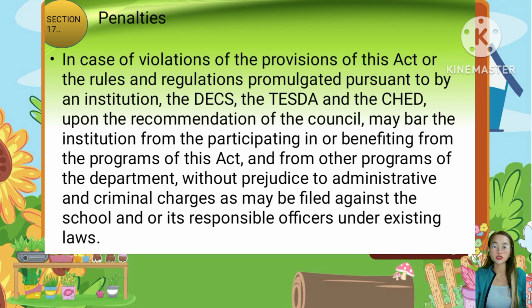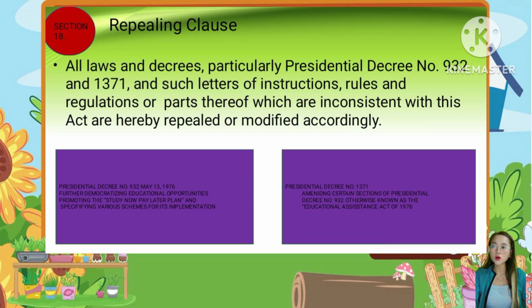So we have here Section 18, the Repealing Clause. All laws and decrees, particularly Presidential Decree numbers 932 and 1371, and such letters of instruction, rules, and regulations, or parts thereof, which are inconsistent with this Act, are hereby repealed or modified accordingly.